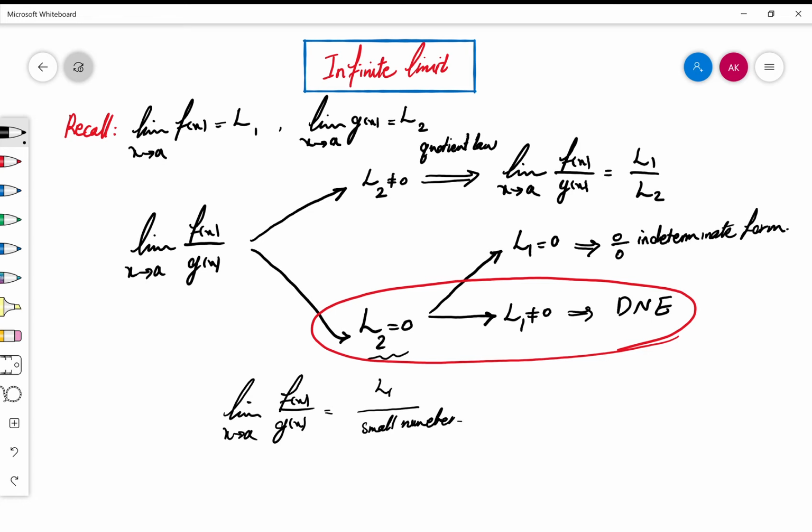So this goes to 0, and as you can see, if you have a non-zero number over a very small number, approaching 0, this will give us a large, either positive or negative number. This is where the infinite limit comes in. Either it's positive infinity or negative infinity.